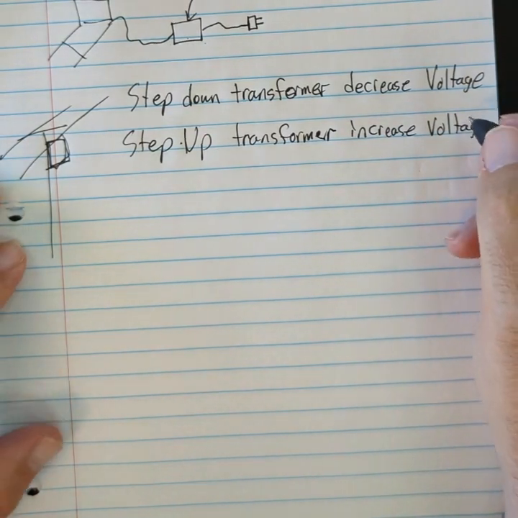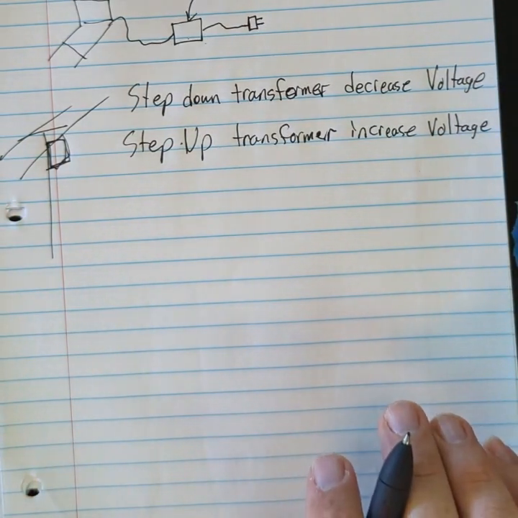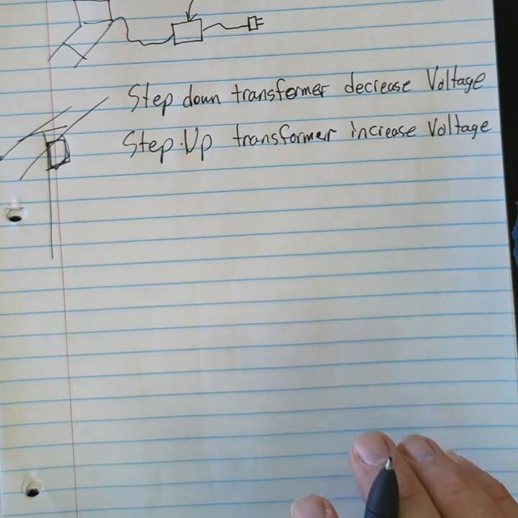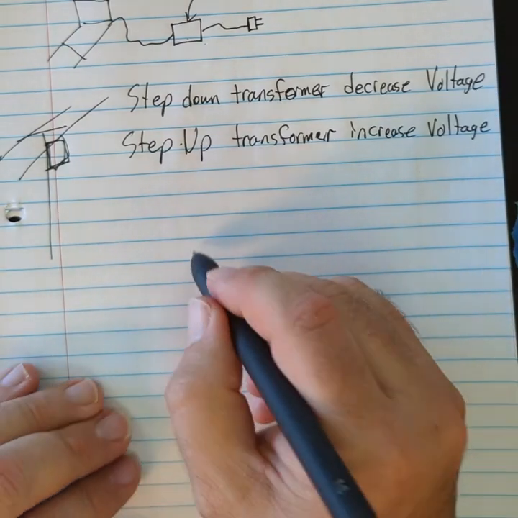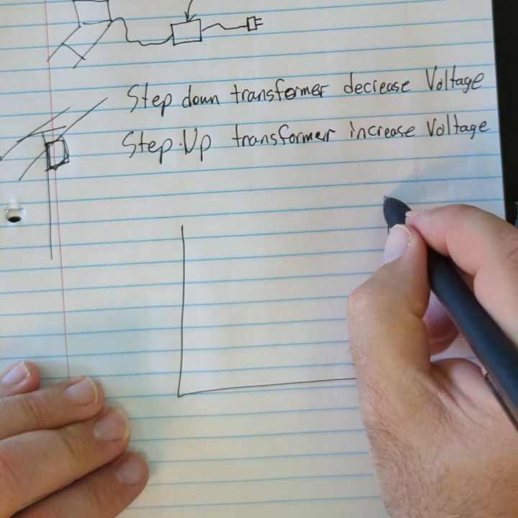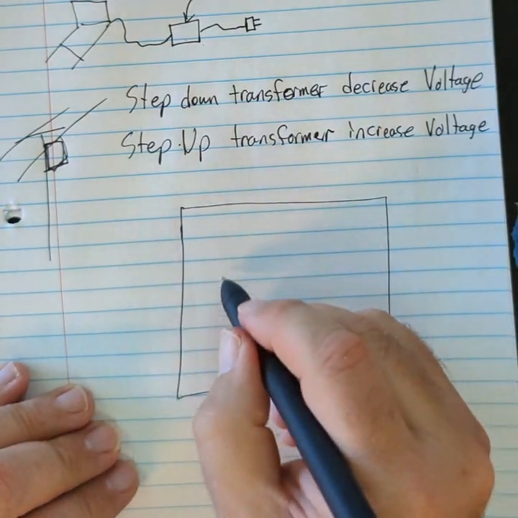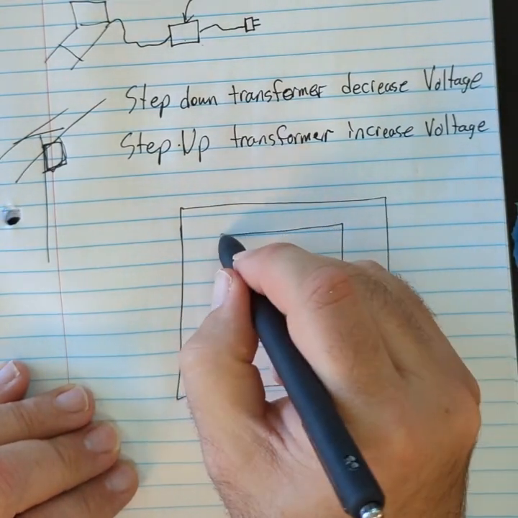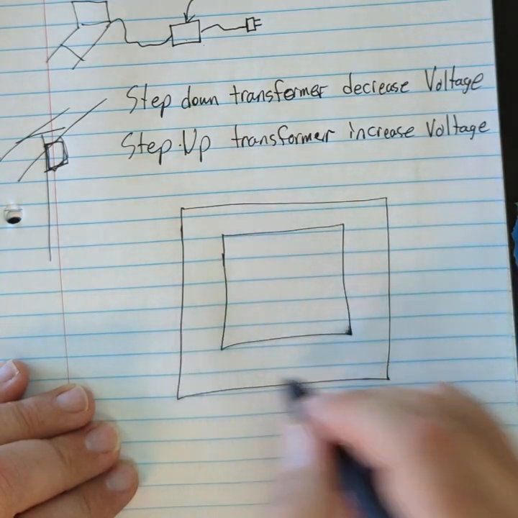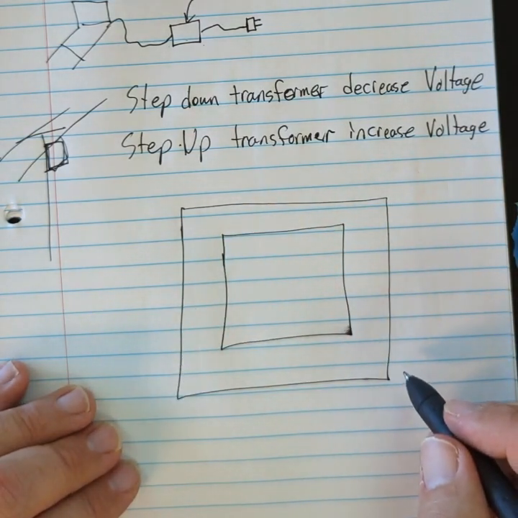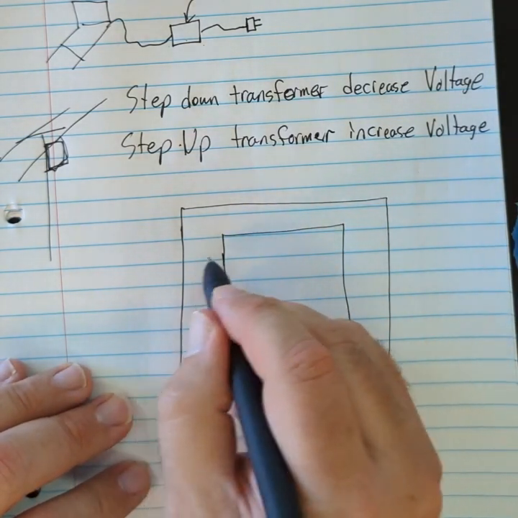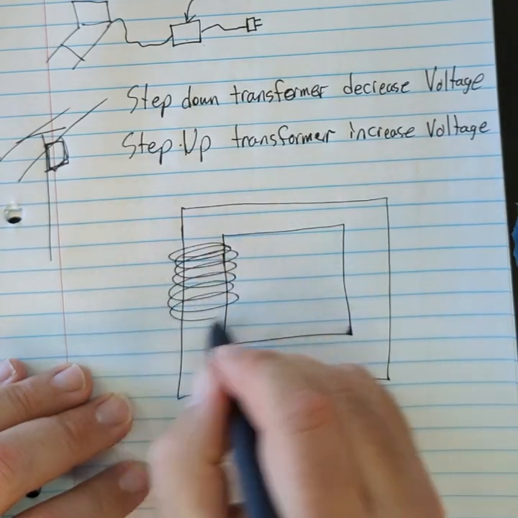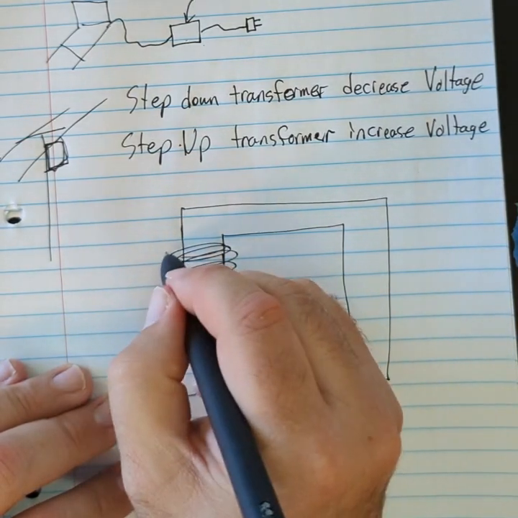All right, and so what happens is you have, this is kind of like the electromagnets. So you have this is your iron core, but it's like a loop or a square. And on one side, you have lots of coils, all right?